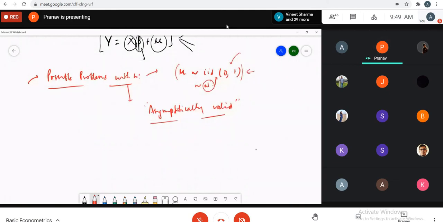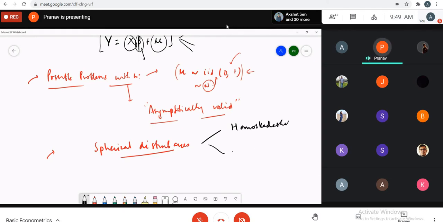Now, if you remember, the second assumption that we make about the error term is called the assumption of spherical disturbances. So what is the assumption of spherical disturbances? Your error terms are homoskedastic and they are non-autocorrelated.